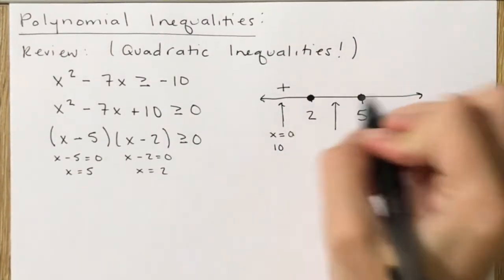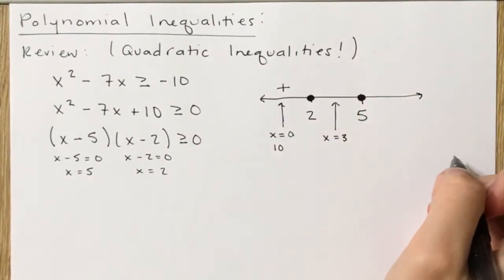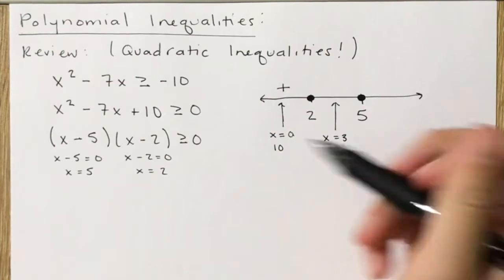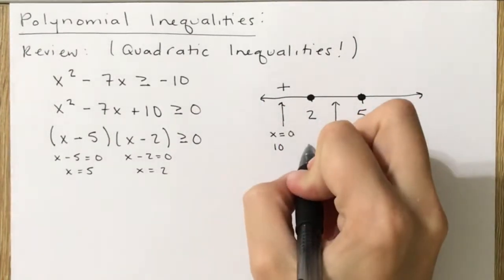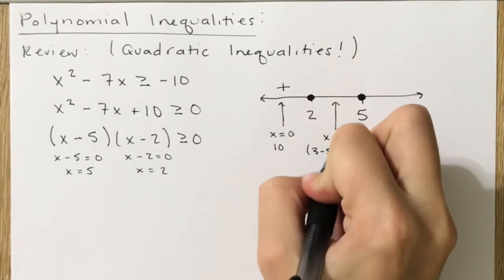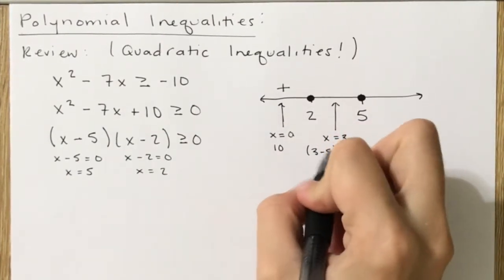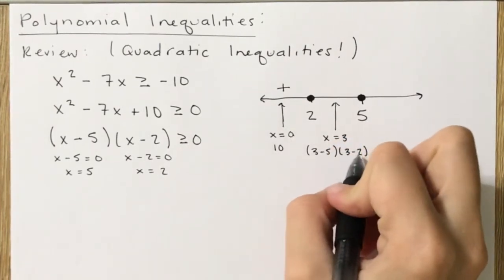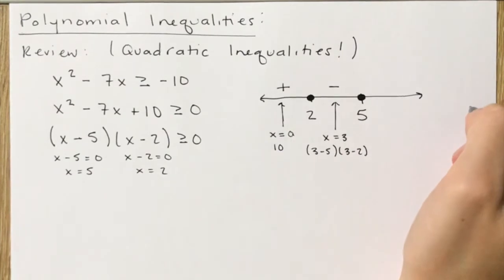What can we pick that's between 2 and 5? Well, I'm going to go ahead and pick something easy like 3. If I plug in 3, I'm going to plug it into this one this time. I have 3 minus 5 and 3 minus 2. That's a negative number times a positive number. Negative times a positive is negative.